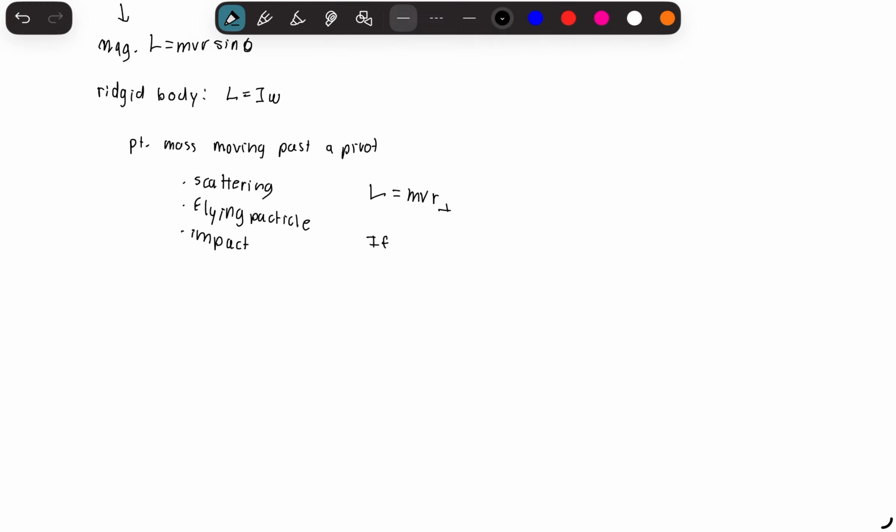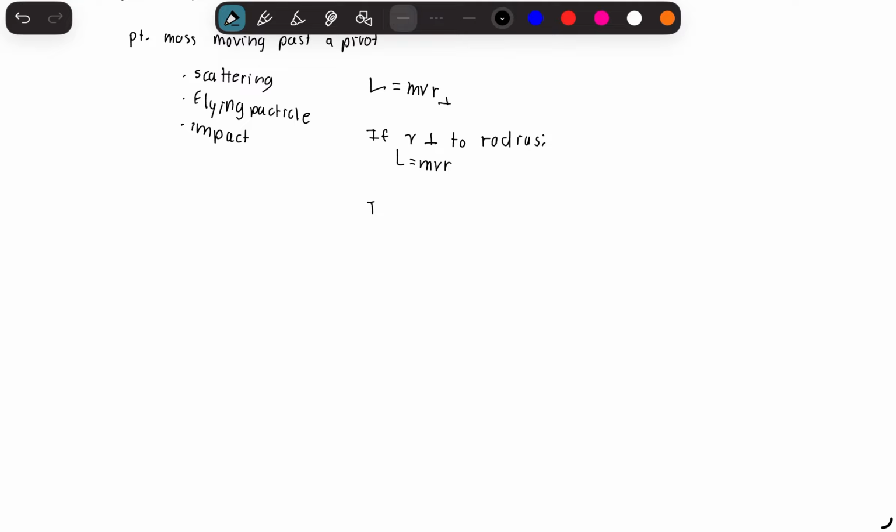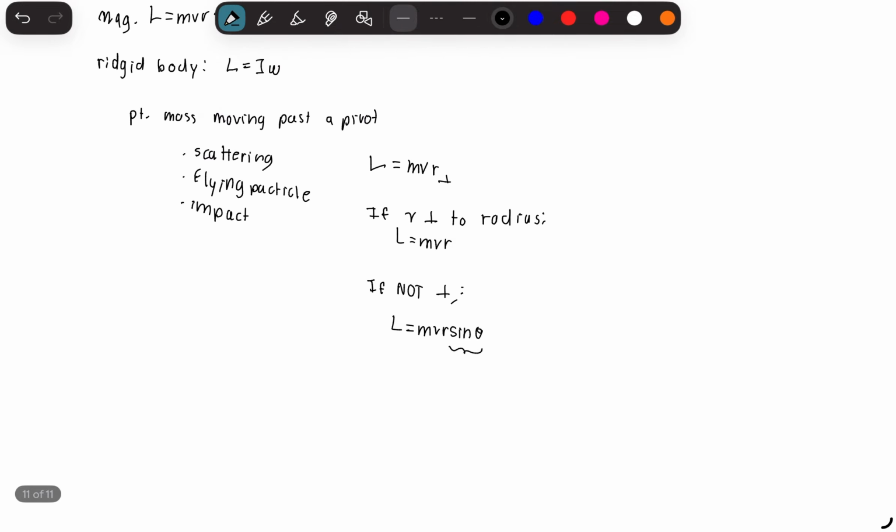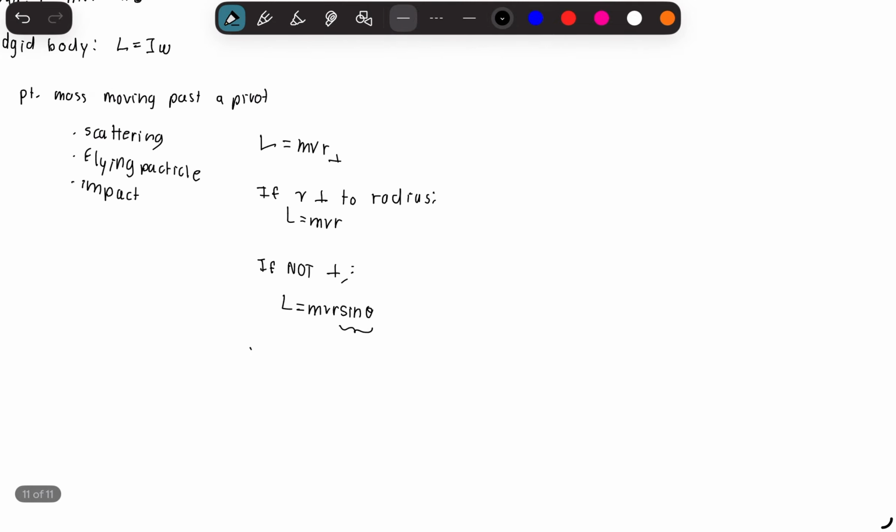If we know that v is perpendicular to the radius though, you can just write L is equal to mvr. If not perpendicular, then you have to use L is equal to mvr sine theta. Remember that only the perpendicular component of velocity matters.